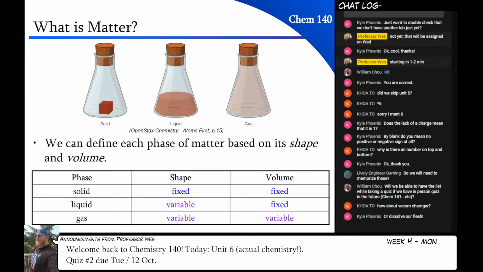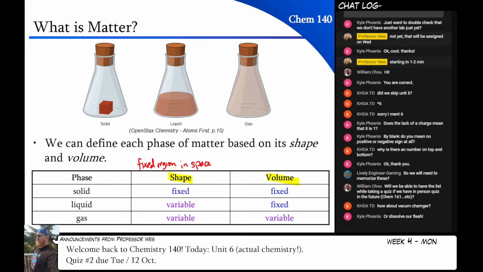On the screen here, you can see illustrations of the different forms of matter that we have. I'm going to zoom these in just a second. But what we're going to first define our phases by are these criteria: shape and volume. Shape is defined as a fixed region in space.